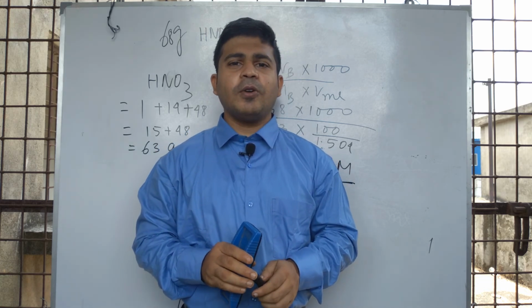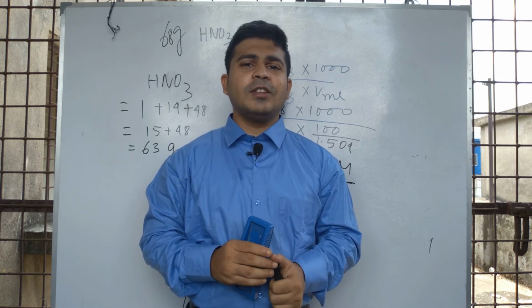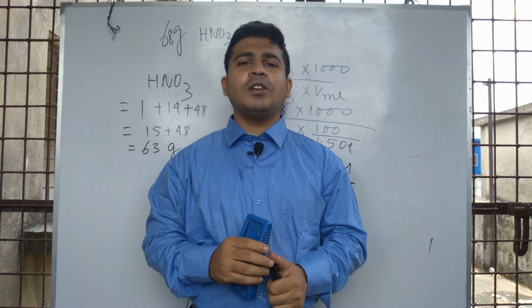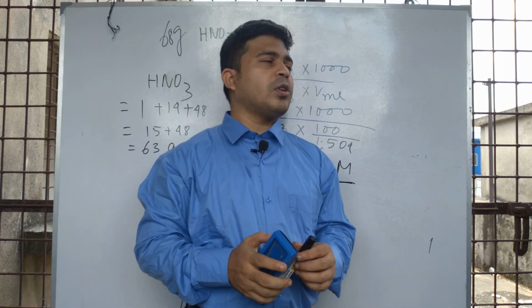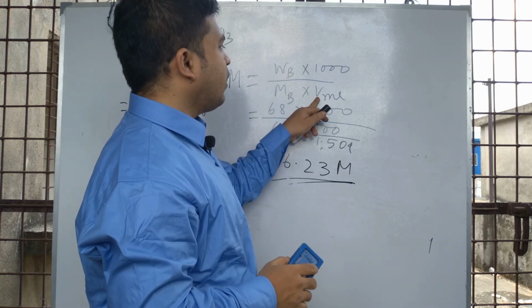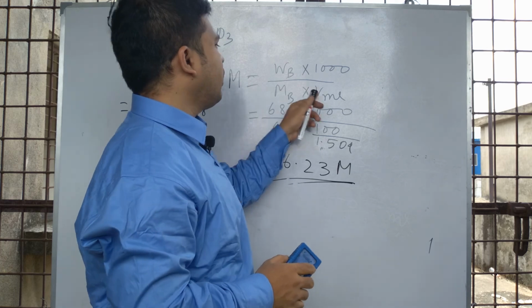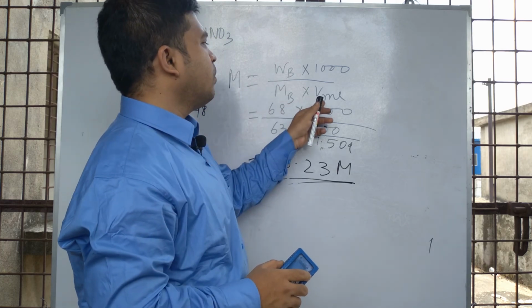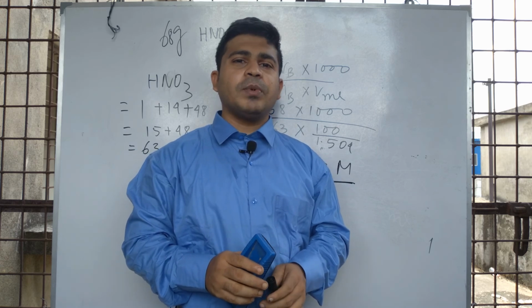It is dependent on temperature. On increasing or decreasing temperature, molarity changes, because volume is the most important factor. Molarity is dependent on the volume of solution, V in ml. So therefore molarity is dependent on temperature.